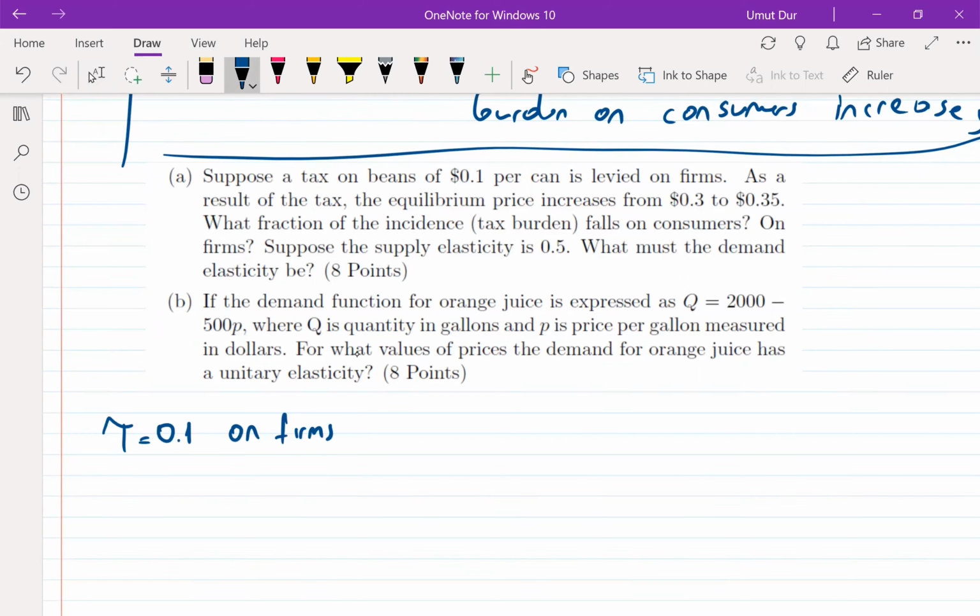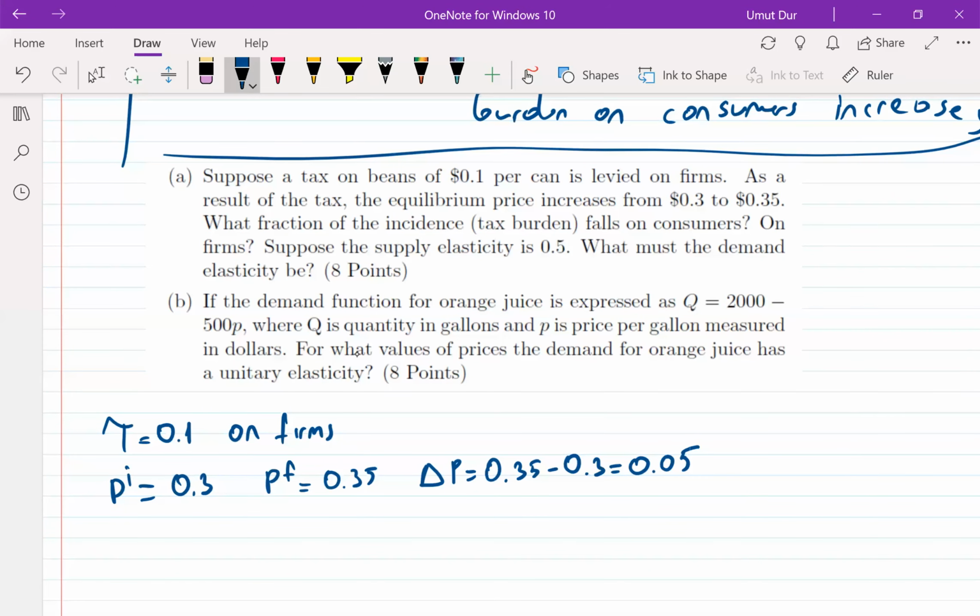As a result of this tax, the equilibrium price has increased from 0.3 to 0.35. So the initial equilibrium price was 0.3 and the final equilibrium price is 0.35, which means that delta P is 0.35 minus 0.3, which is 0.05.